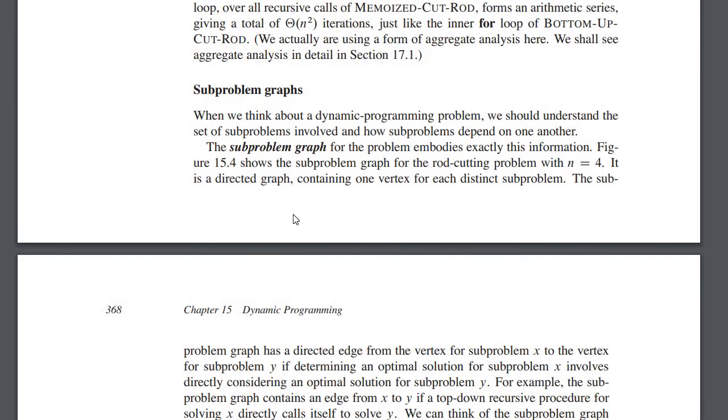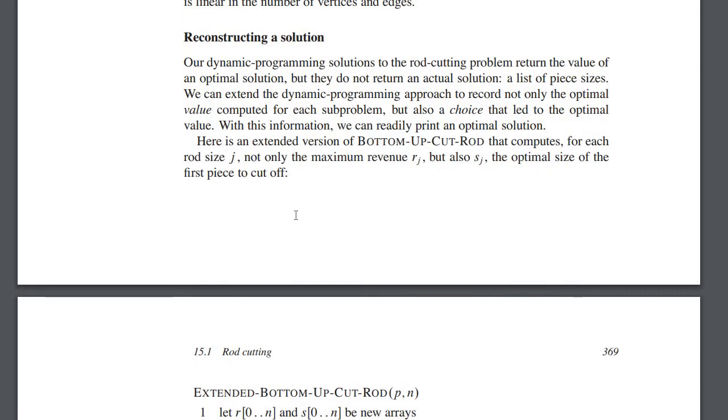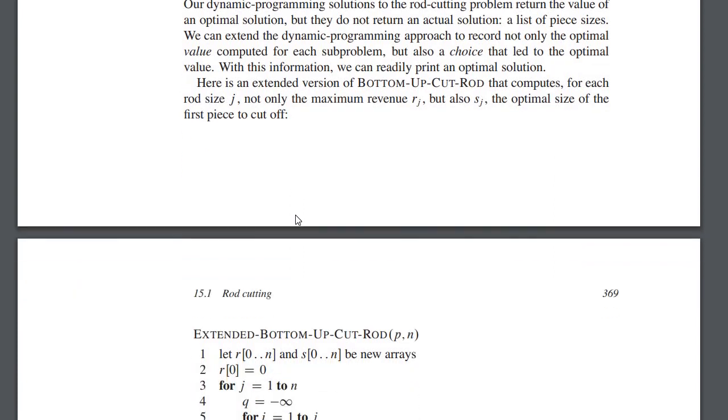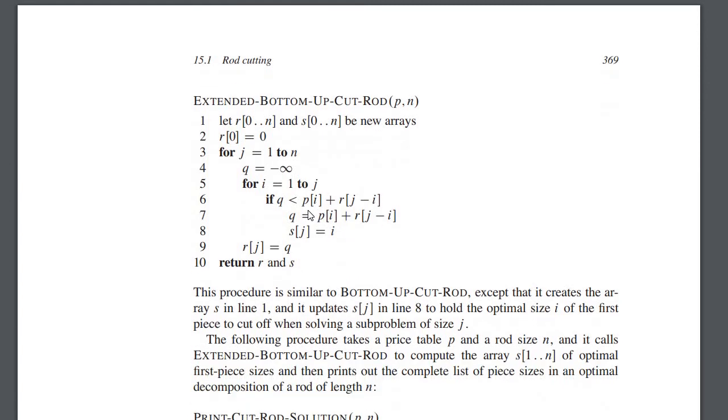So this approach gives us the idea of converting the problem from a divide and conquer mechanism to a dynamic programming solution, and provides us a completely optimized structure. This is another extended bottom-up cut rod technique in which we are keeping the sizes as well. So we need to identify the size at the same time.